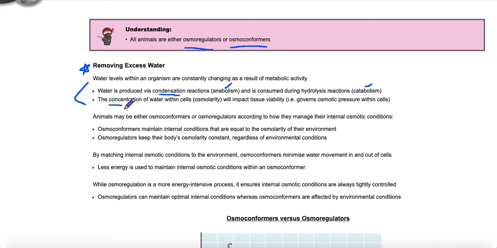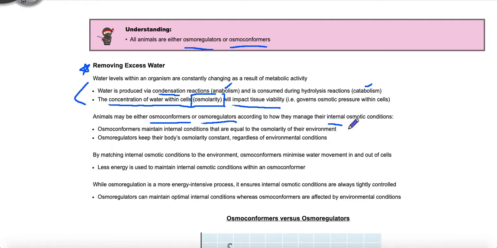Now, the concentration of water within the cells is what we call osmolarity, and this is going to impact tissue viability. Remember when we talked about hypertonic, hypotonic, or isotonic solutions, depending on the type of cell and in what concentration you place them in, that is going to affect the viability of that cell, whether that cell can withstand that environment. So we see here that animals are either osmoconformers or osmoregulators.